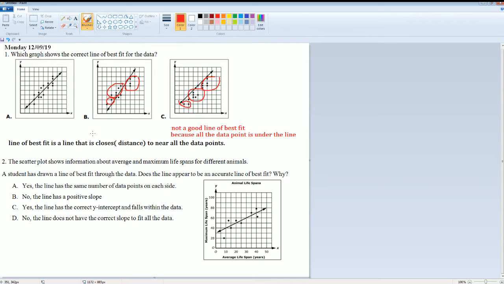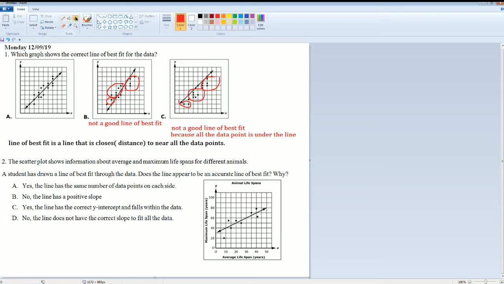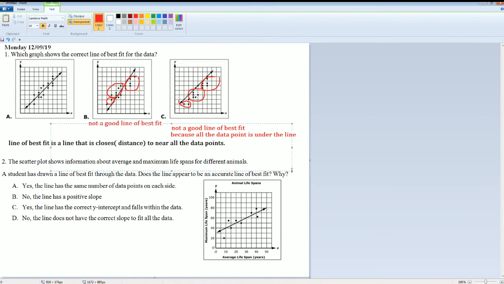It looks fairly well, but it still misses some data points, so we would say this is not a good line of best fit, because it missed some of the data points.